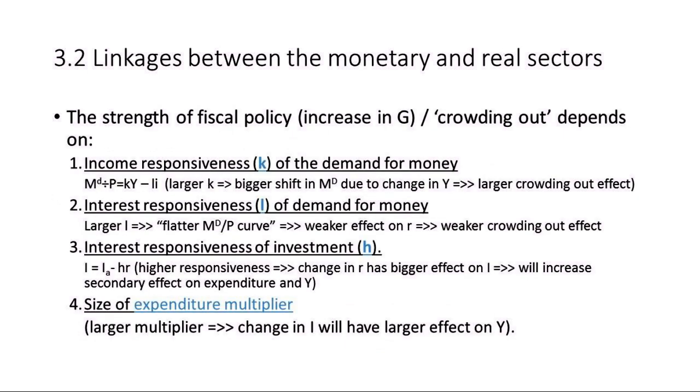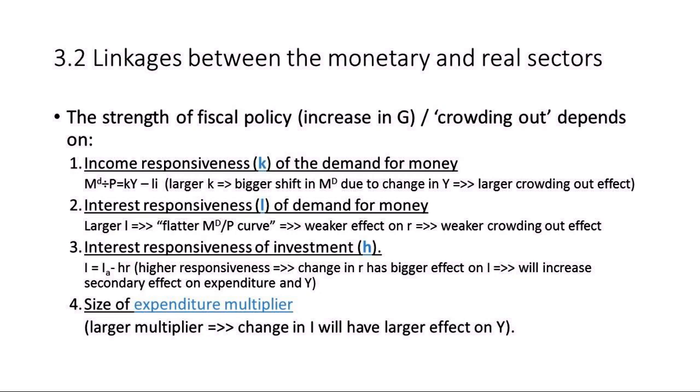Now, how strong is fiscal policy and how strong is this crowding out effect? It depends on a number of parameters that you need to take account of. Typically, by how much does the demand for money change due to a change in income? So that's a good question to answer. So if incomes go up, it causes an increase in the demand for money, which causes a change in interest rates.